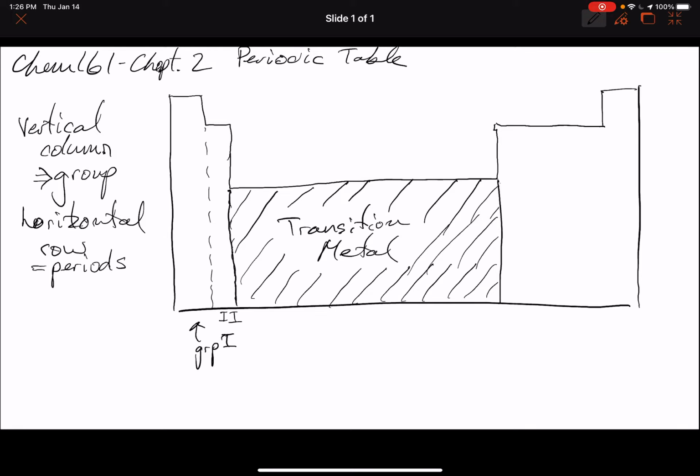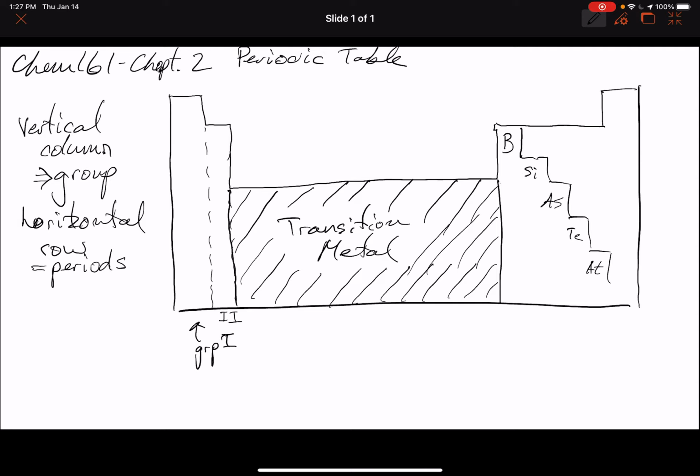Further, elements leading up to a staircase boundary are also listed as metals, but not transition metals, just generally metals. Elements like boron, silicon, arsenic, tellurium, and astatine make up this staircase boundary.